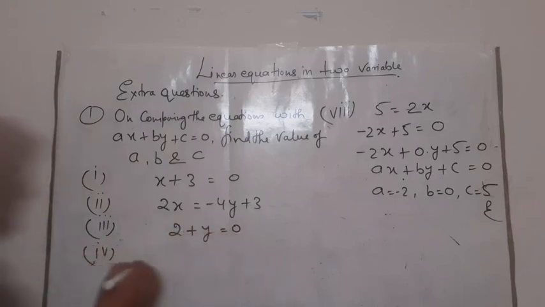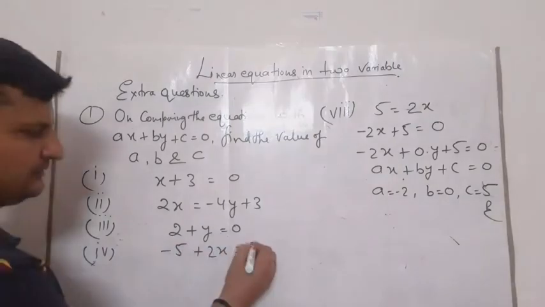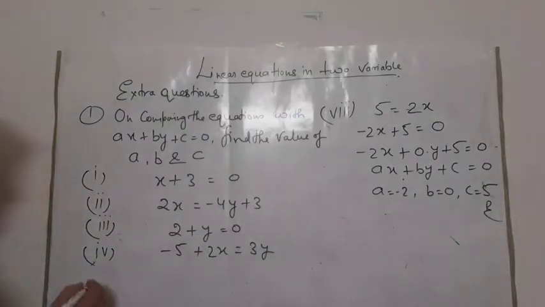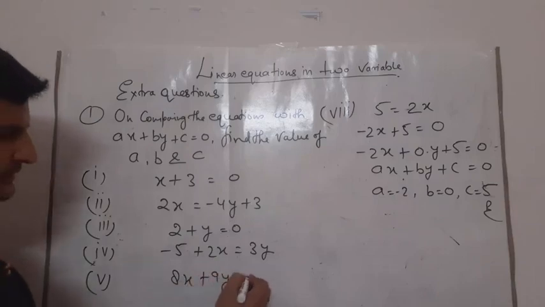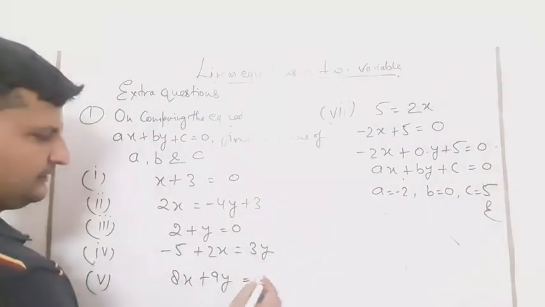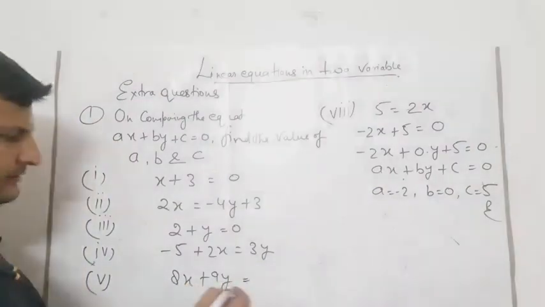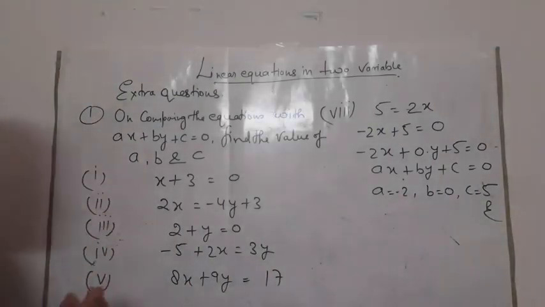Fourth is minus 5 plus 2x is equal to 3y. Fifth is 8x plus 9y is equal to 17, like this.